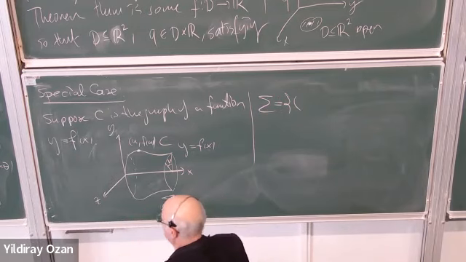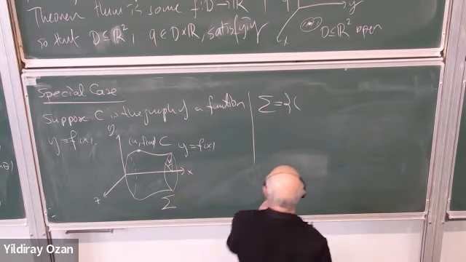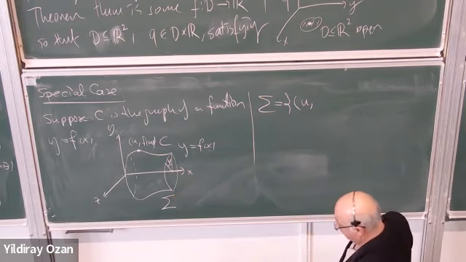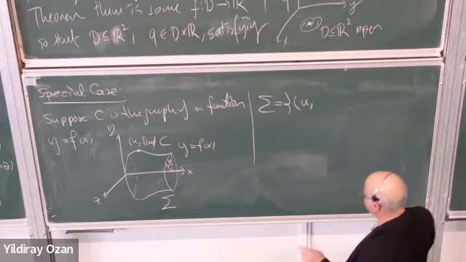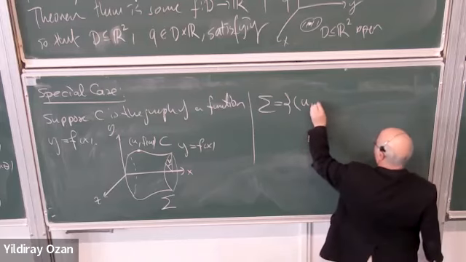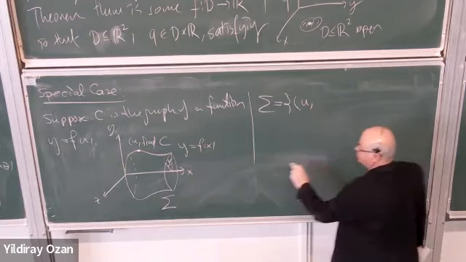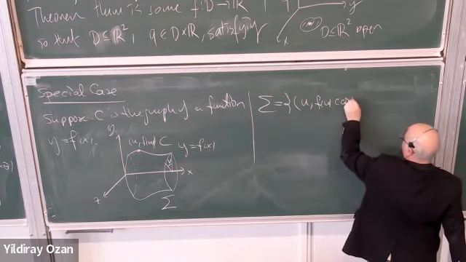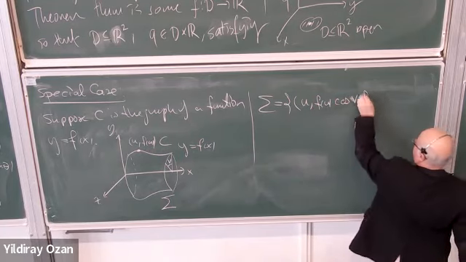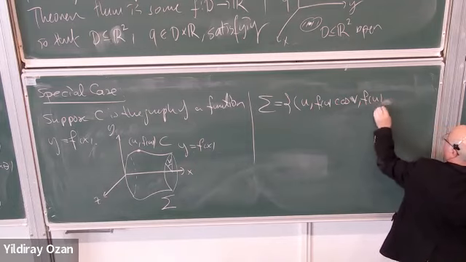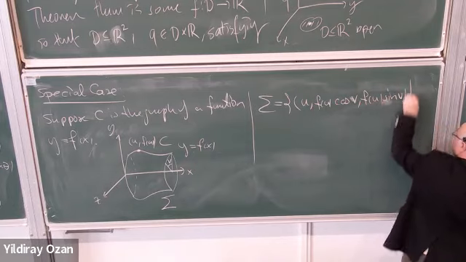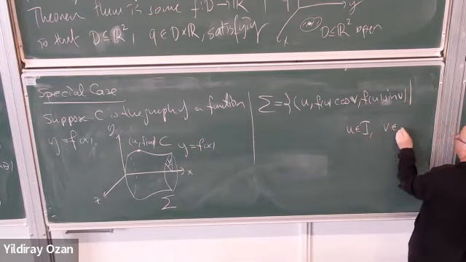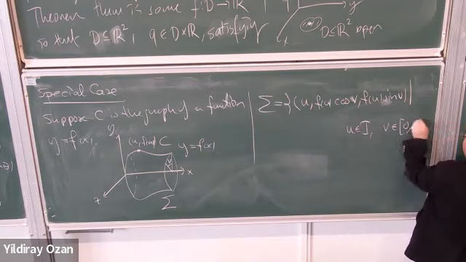x of u is just u, and then y of u is actually f of u times cosine v, and then z is f of u times sine v. u is in the interval I, and v is in 0 to pi.